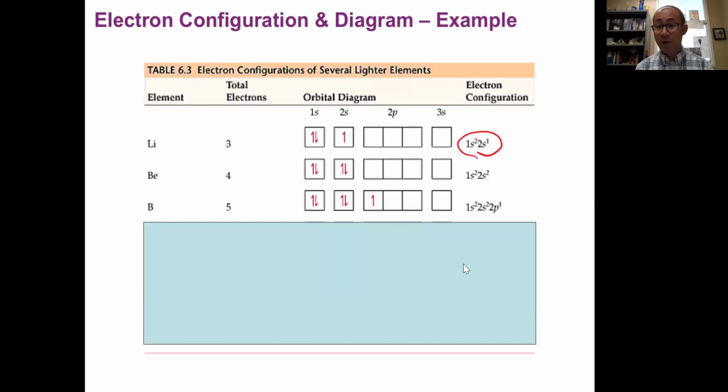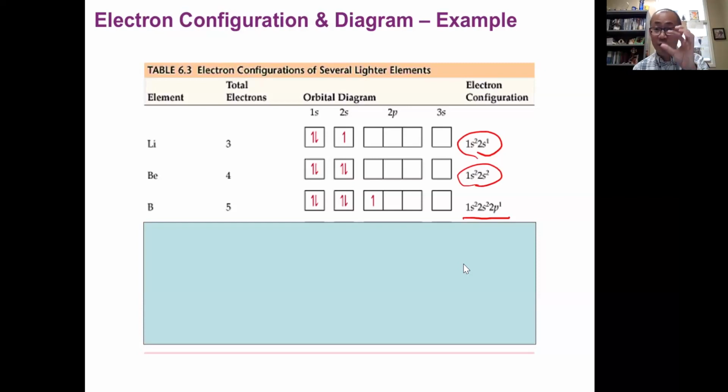The fourth one, beryllium, 4 electrons, 2 in 1s, 2 in 2s. So 1s2, 2s2. And you can see that the 2 electrons in 1s and the 2 electrons in 2s are both opposite spin. Number 5, boron, 5 electrons, 1s2, 2s2, and then the 5th electron goes to 2p now, right?